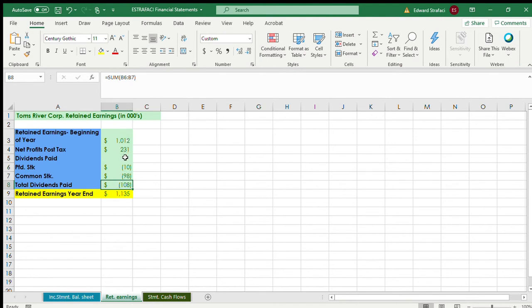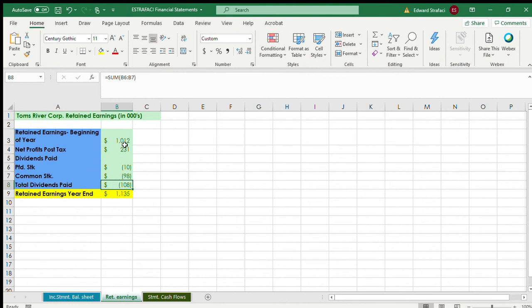And when you net these numbers out, you come out with a positive number, because 231 minus 108 means that the company is going to retain... I've got to do the math here. 231 minus 108, terribly simple math. 231 minus 108 is 123. So it looks like they're going to keep $123,000 of earnings and plow it back into the firm.